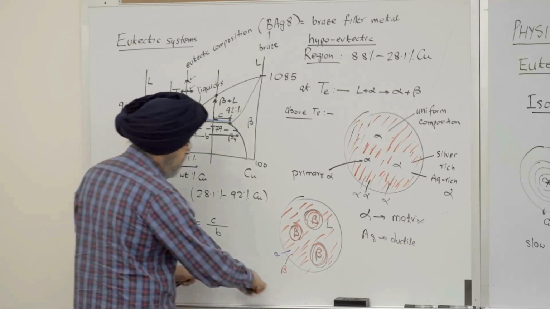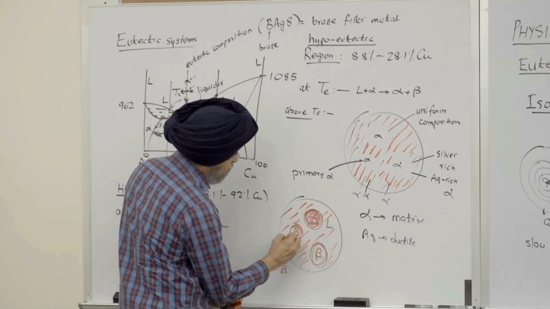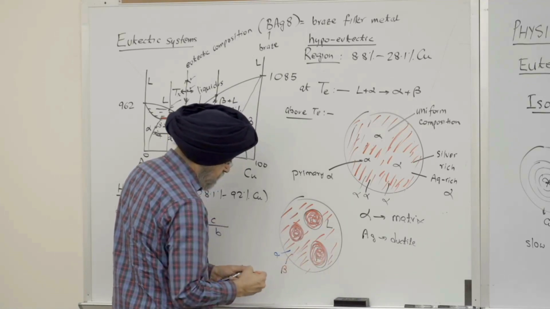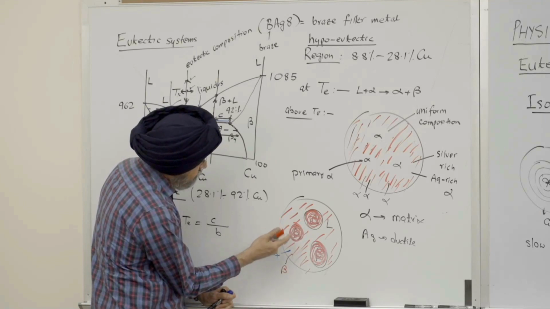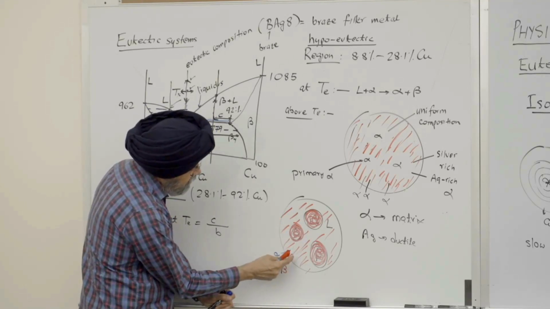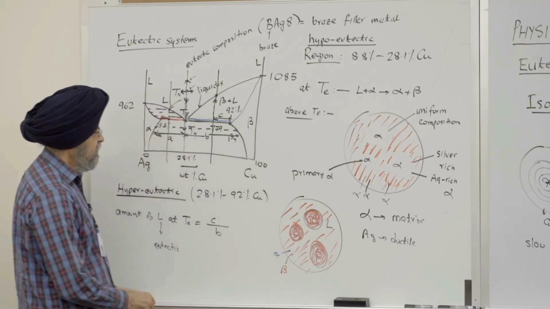So these particles will be red because they're copper rich, and they're in a matrix of silver. The eutectic structure is also a silver matrix with platelets of beta.